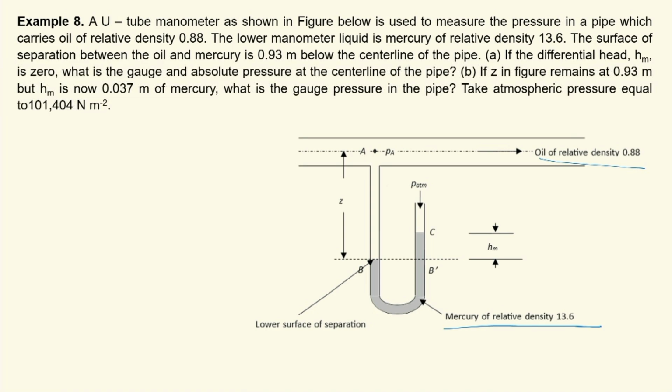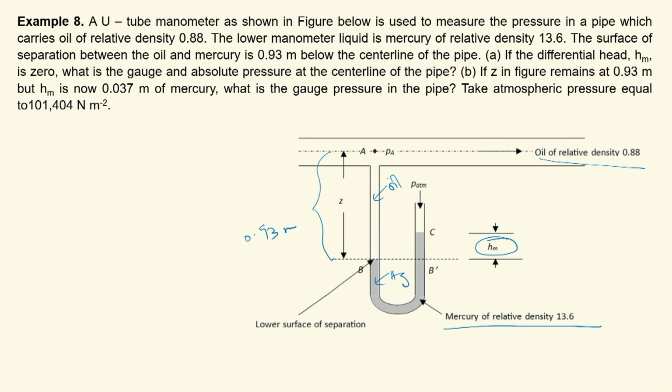This is the oil column. This is mercury. This one is 0.93 meter, that is Z is 0.93 meter. If the differential head HM is 0, what is the gauge and absolute pressure at the center line of the pipe?